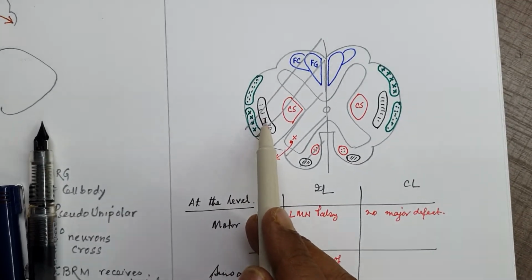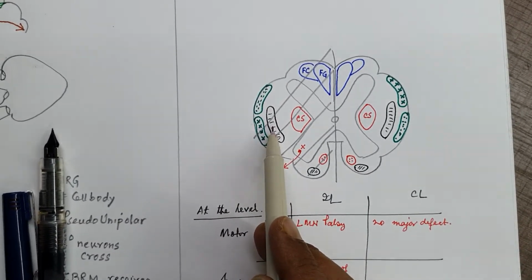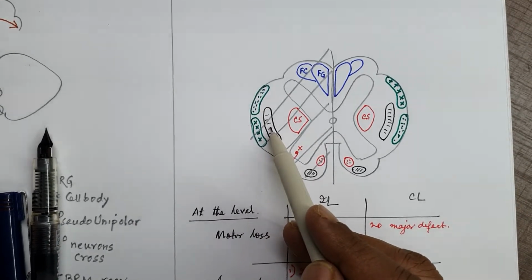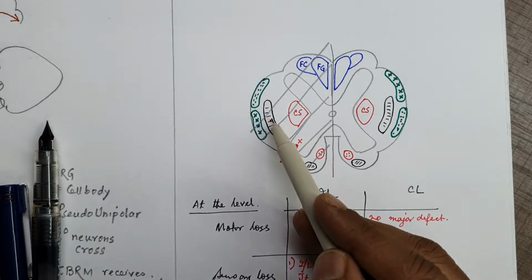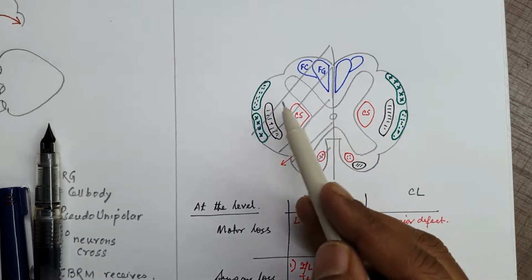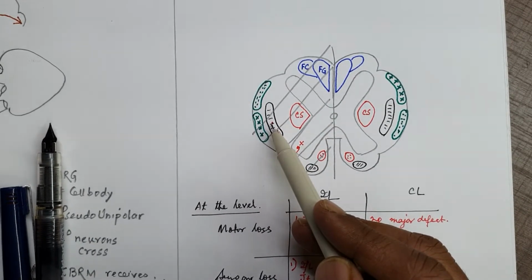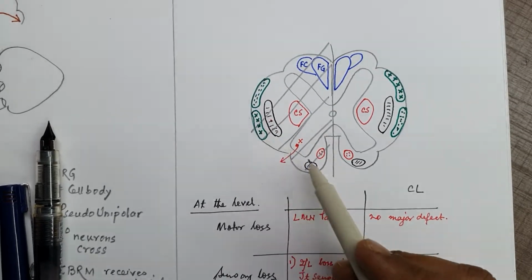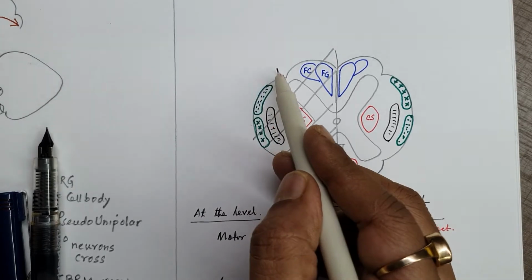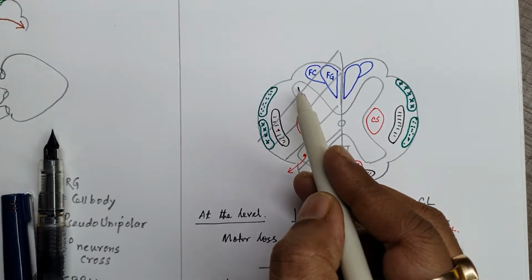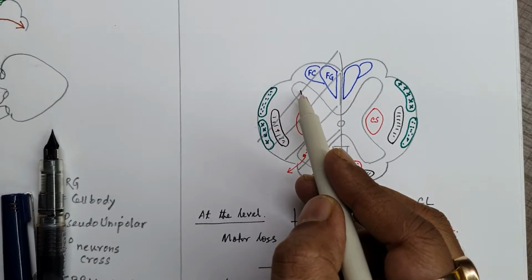Spinothalamic fibers are damaged at this site. These fibers are responsible for sensation of the opposite side, so opposite side spinothalamic sensation, meaning pain, temperature, pressure, touch, will go. Even on this side, the sensory fibers that come in will get damaged.